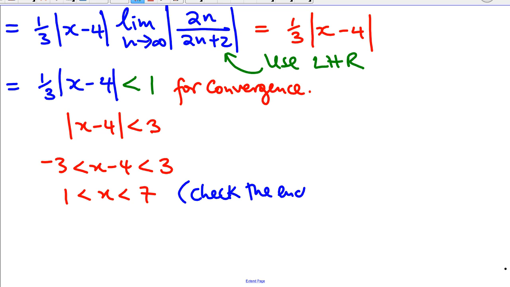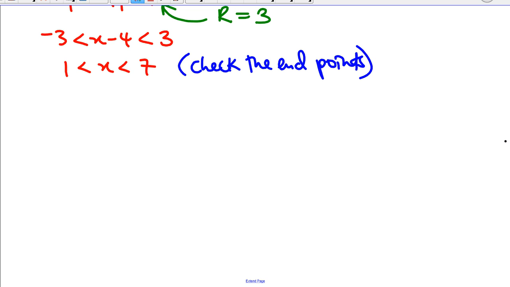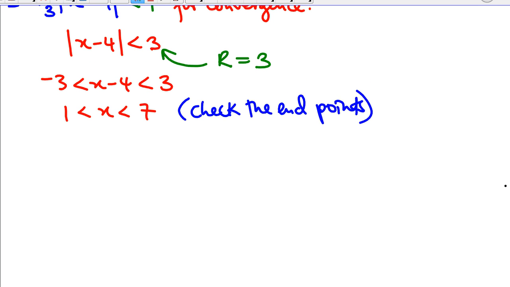From here we have said that 3 is the radius of convergence. Or you can just find it out from the interval of convergence. Either way, it works.